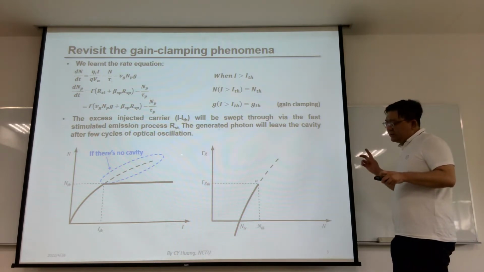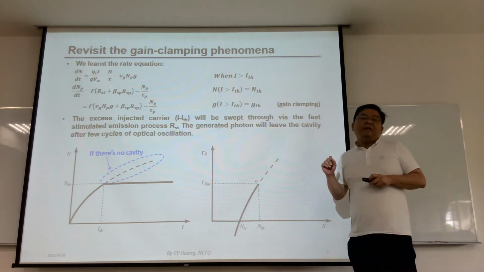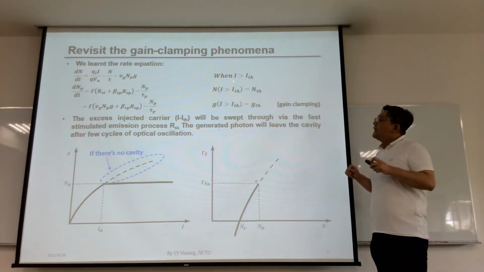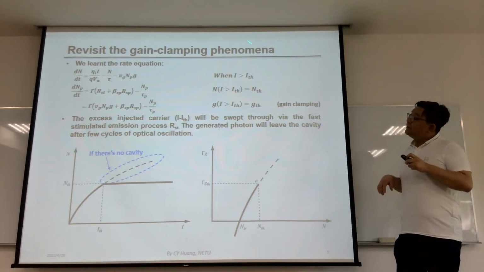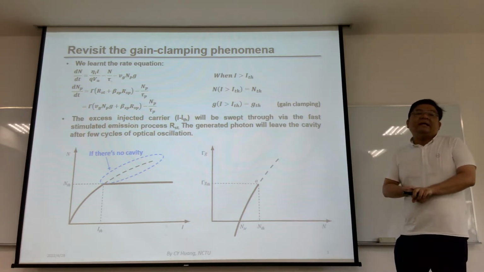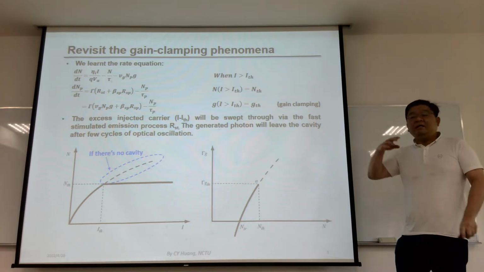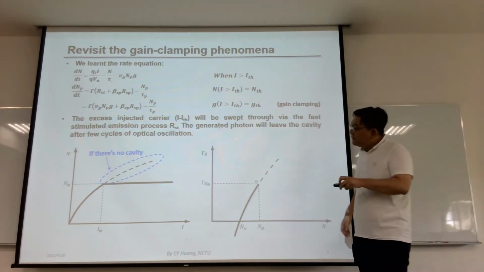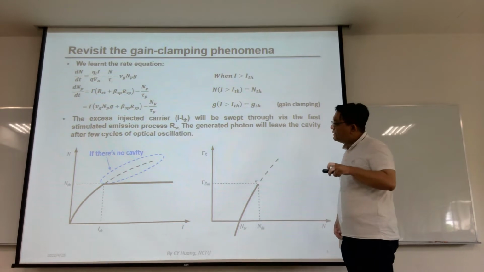Because of the gain clamping phenomenon, while your current is higher than your threshold current I_TH, the carrier density inside the cavity doesn't increase. It will be pinned to the threshold carrier density.